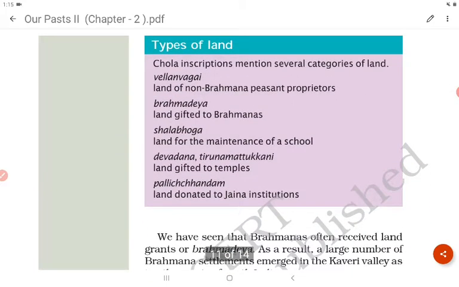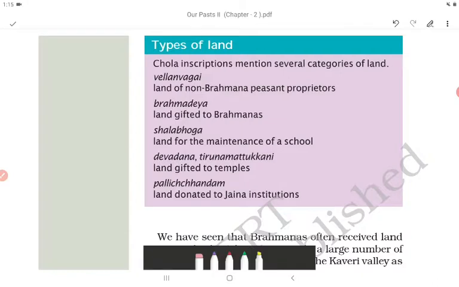Types of land. Chola inscriptions mention several categories of land. The first one is Velan Vagai, land of non-Brahmana peasant proprietors. Number 2, Brahmadeya, land gifted to Brahmanas.